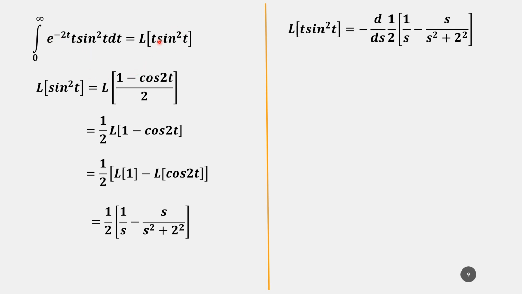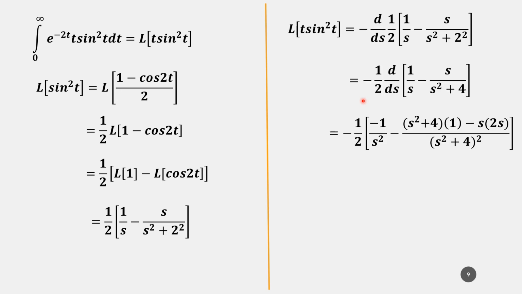So first we calculated L of sine square t. Since it cannot be calculated directly, we converted sine square t to (1 minus cos 2t) by 2, then took L and got this as the answer. Now this function is multiplied by t, which means we have to make use of the multiplication by t property.